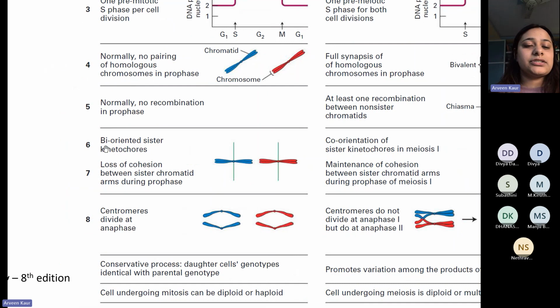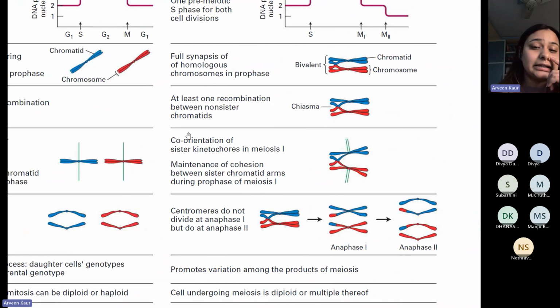Also, in mitosis there is bi-orientation of sister kinetochores and loss of cohesion between sister chromatid arms during prophase, but we have gone through this, that during meiosis 1 at least, co-orientation of sister kinetochores occurs, so they will move to one particular spindle pole. Also, maintenance of cohesion between sister chromatids only around the centromere, not around their arms, will occur during prophase of meiosis 1.